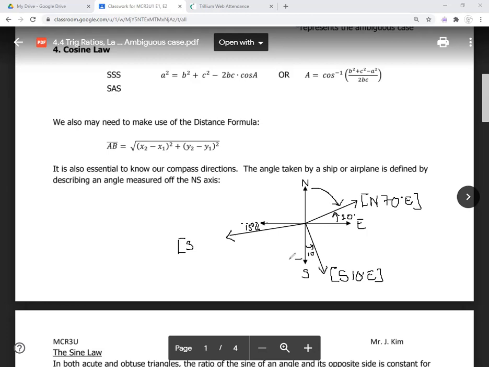How far did I turn in the west direction? It'll be 90, so 90 right here, minus 15, that gives me 75. So this bearing or compass direction would be south, 75 degrees west. Okay.